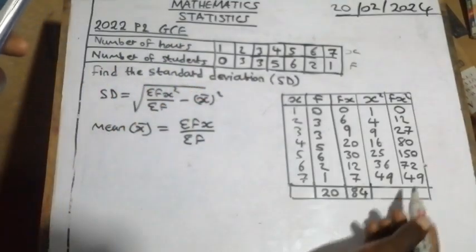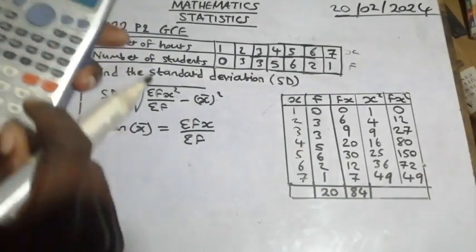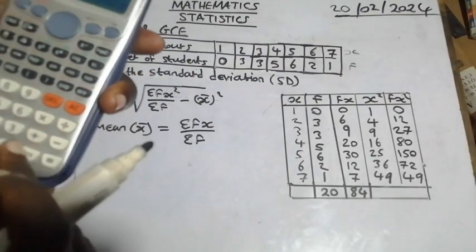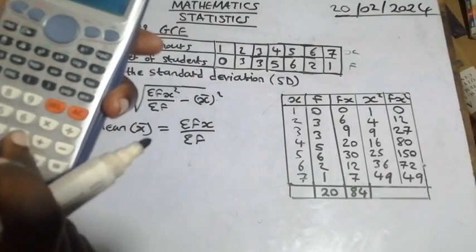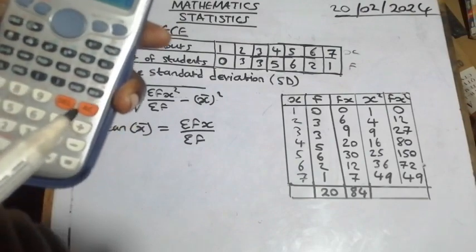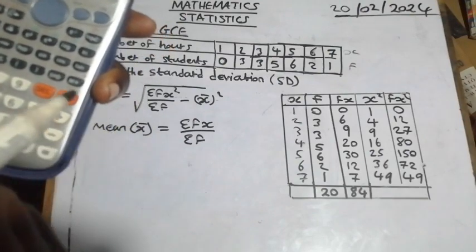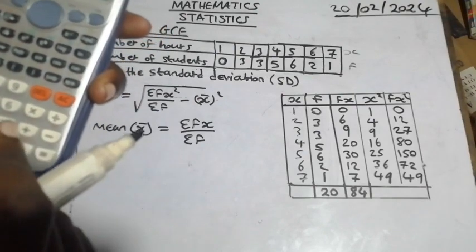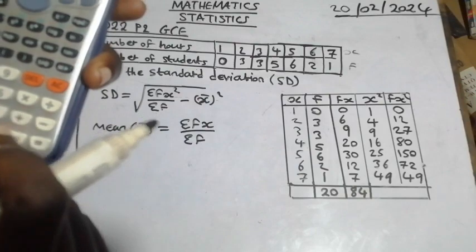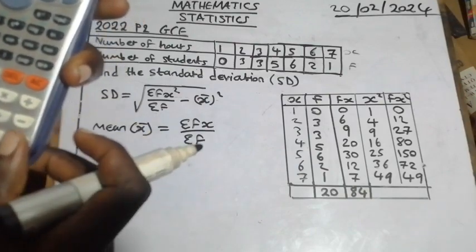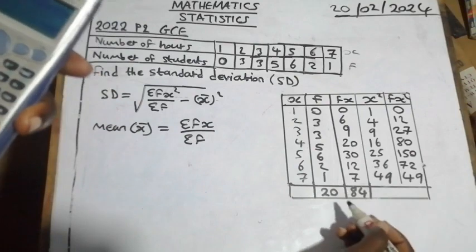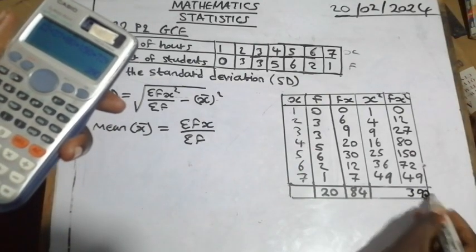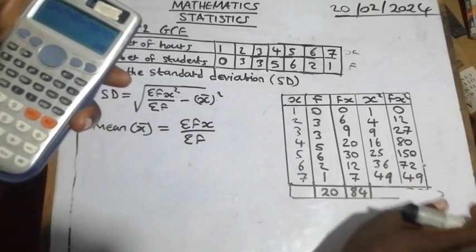Now let's add the last column: 12 plus 27 plus 80 plus 150 plus 72 plus 49, which is equal to 390. This is 390.